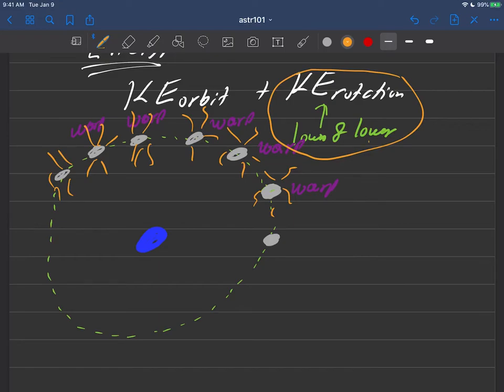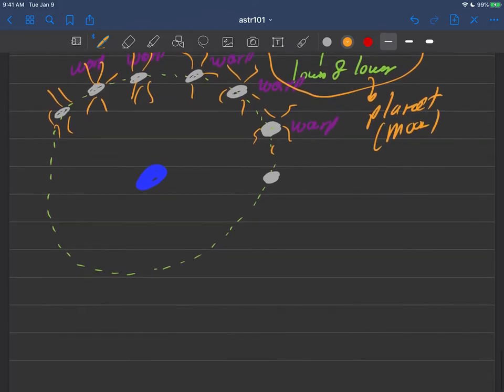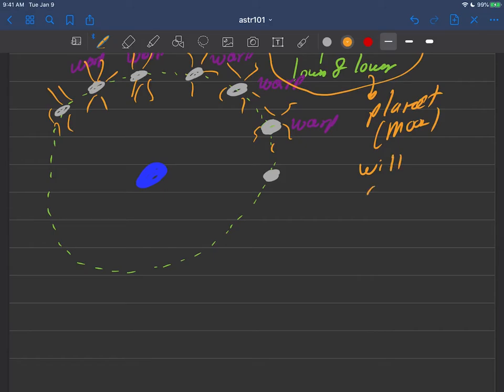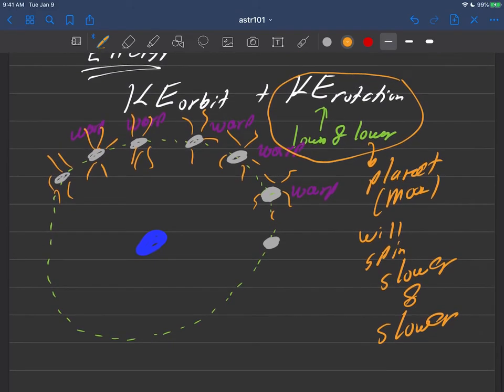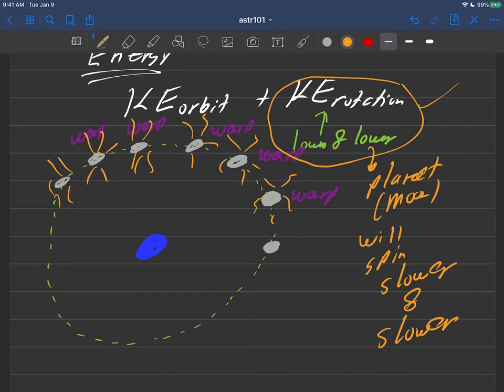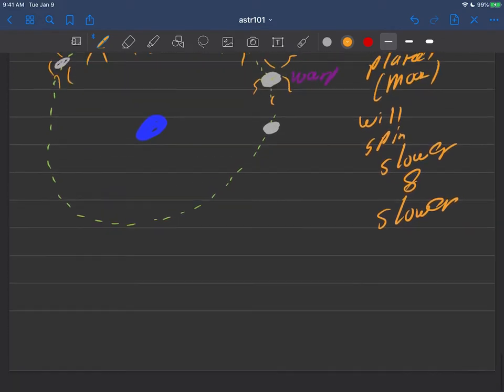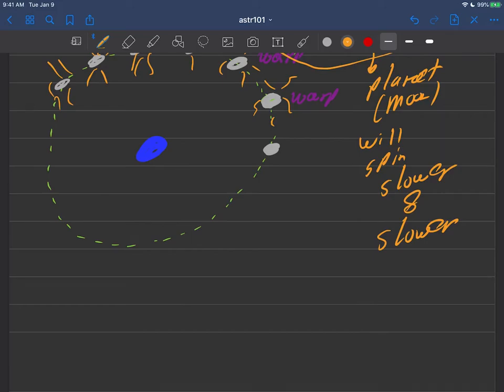If this energy gets lower and lower, that's going to mean that the planet or moon will start to spin slower and slower because it's losing energy due to those rocks going past each other, and it'll keep spinning slower and slower until T orbit becomes equal to T rotation. And that's the theory.